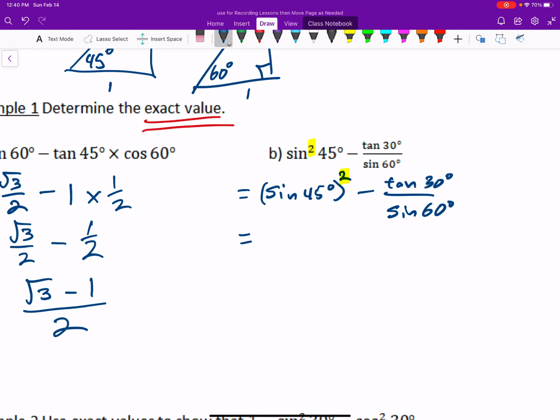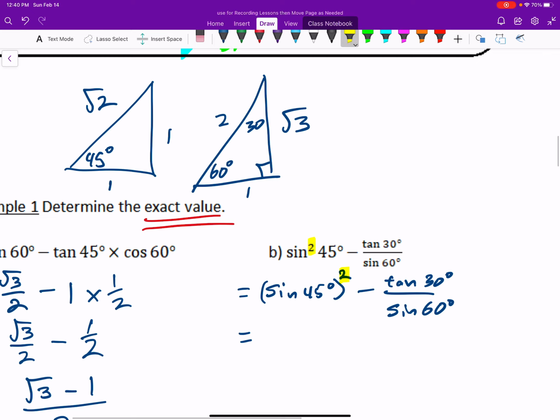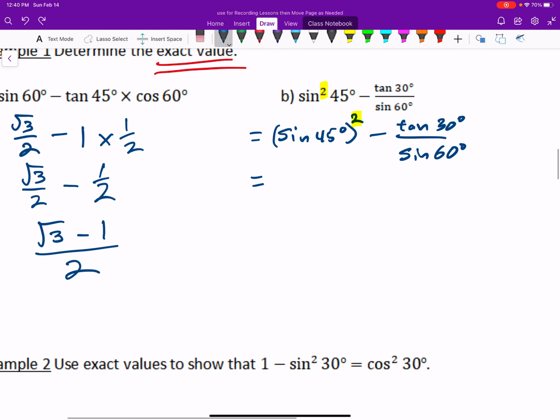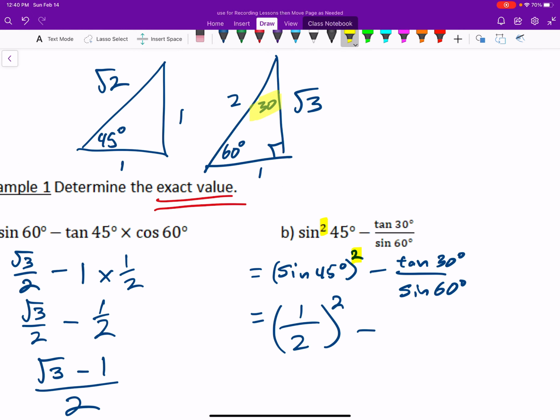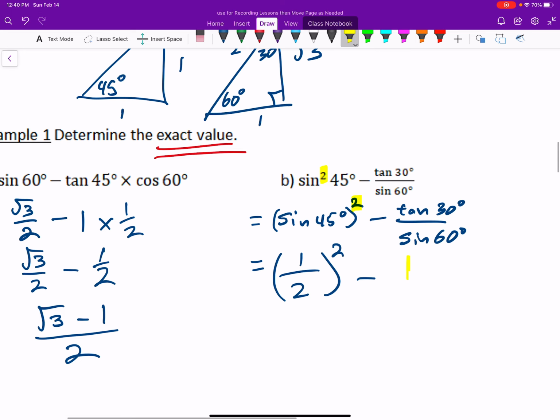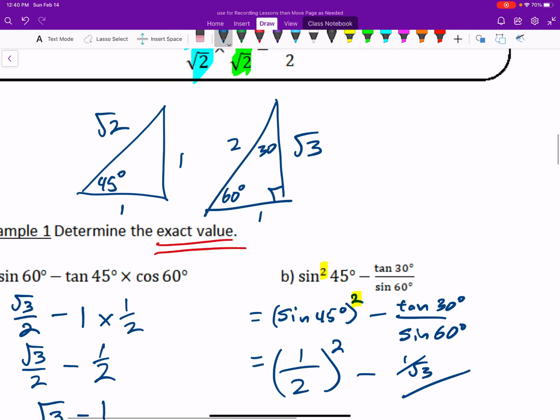So sine 45 is this triangle. Sine is opposite over hypotenuse, so 1 over root 2. And then I'm going to square that, but I'll do that in the next step. Tan 30 means from here, I want to do opposite over adjacent, so 1 over root 3, divided by sine 60.